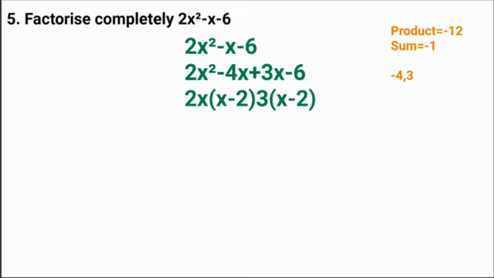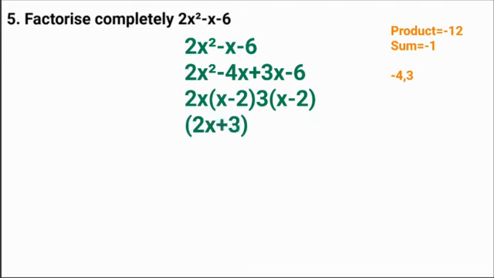Okay, now once you have done this, you notice that the expressions in brackets are the same. So with that, what we can do now is we are going to get 2x and 3. So we're going to say 2x plus 3, the 3 in the middle, which is going to be plus 3.